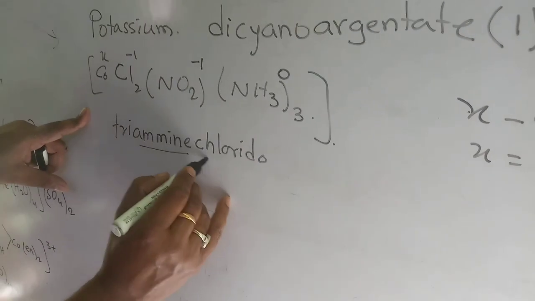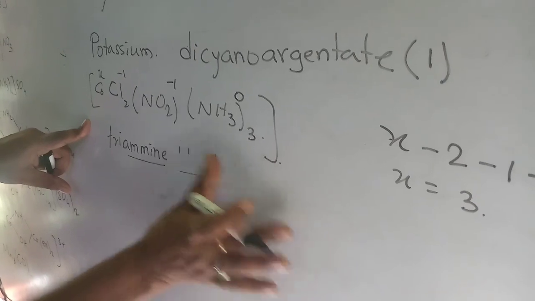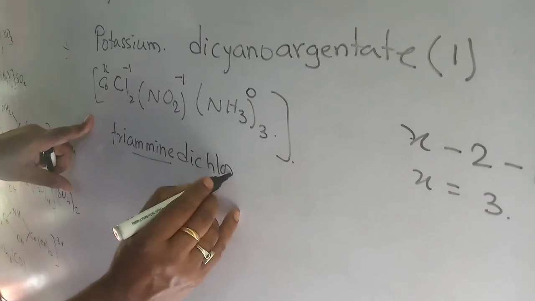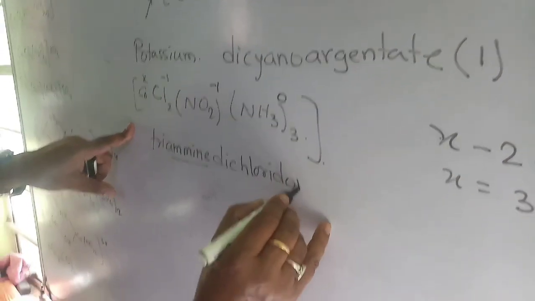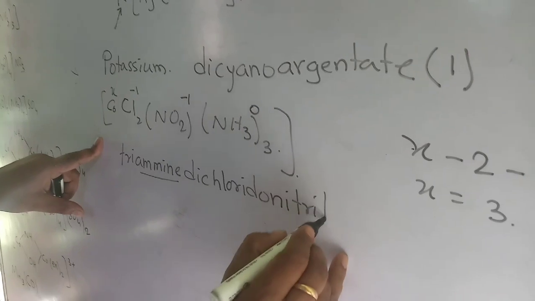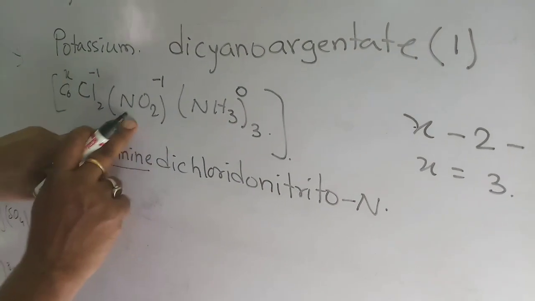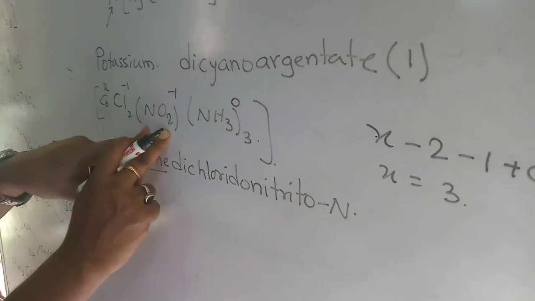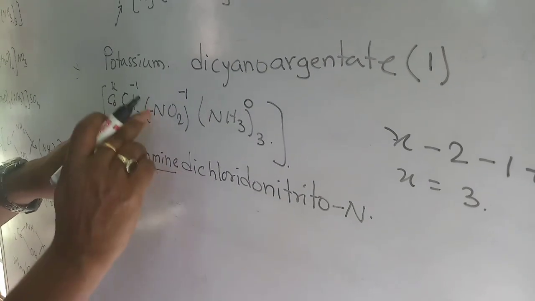So we have to write in alphabetical order. First ammine, then chlorido, but chlorido is here 2, so we write dichlorido. Here nitrito-N, because the nitro group, NO2, is an ambidentate ligand, so here it holds the cobalt with the nitrogen.